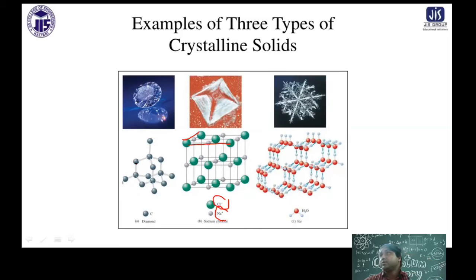The last one is the structure of ice. You see, water molecules are there. These are all water molecules.